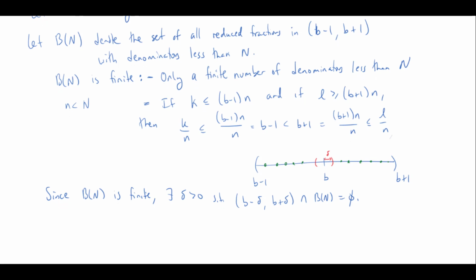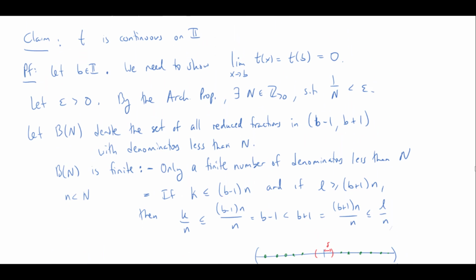Okay, now let's say I work inside this interval now, right? Which, by the way, why am I trying to do this? Well, remember, I'm trying to show that t is continuous at b.